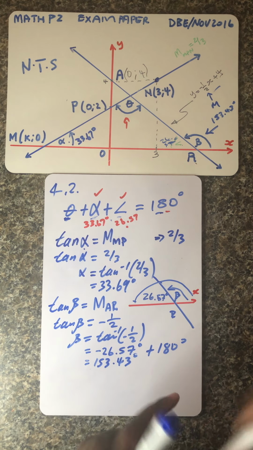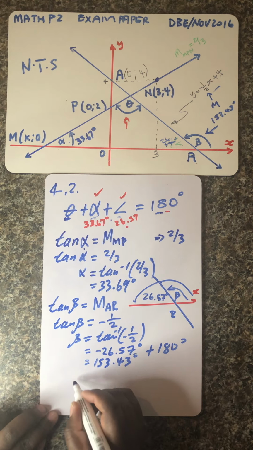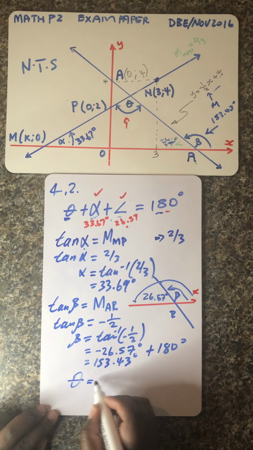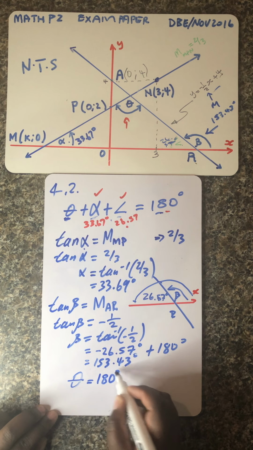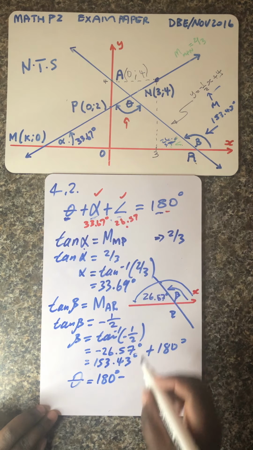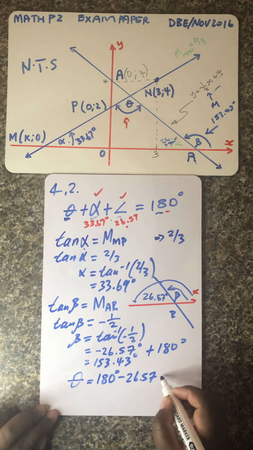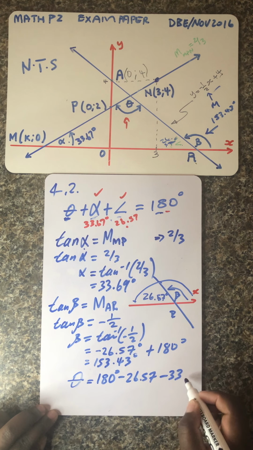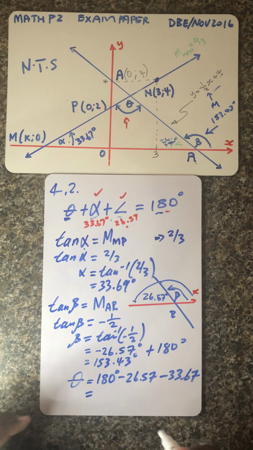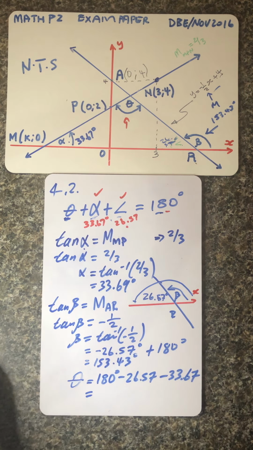Okay, so let's now see. That means angle theta will be equal to 180 degrees minus 26.57 minus 33.67. So the answer that you get is angle theta.